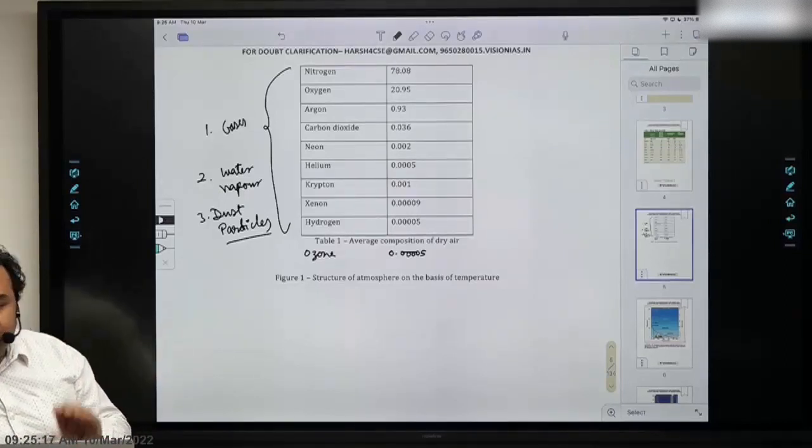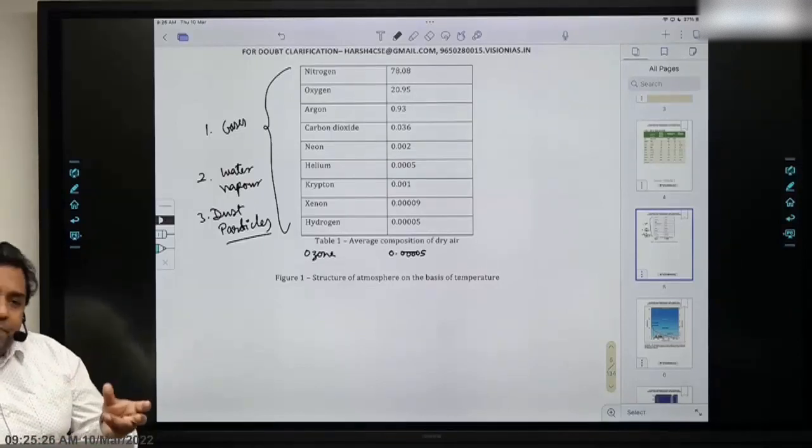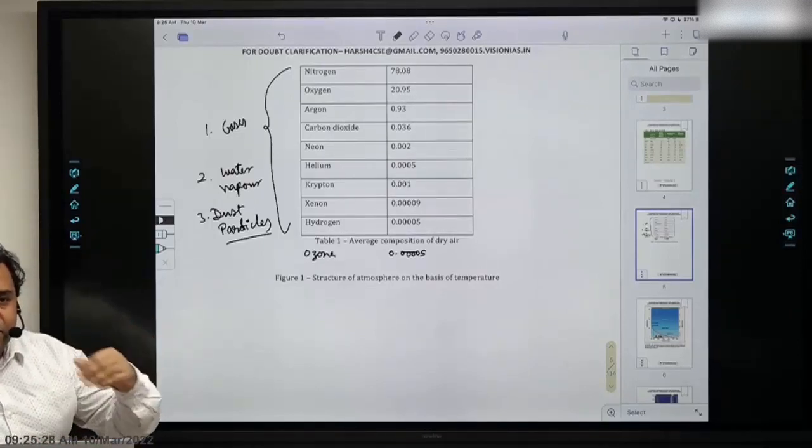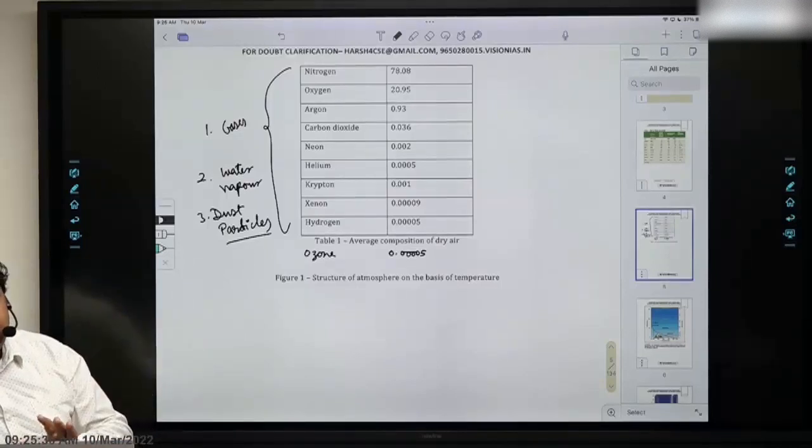ठीक है, so with altitude total moisture held decreases. Is that okay? Right, why does that happen? Because of temperature. Because temperature is decreasing, so total moisture also decreases. ठीक है, all right, you want to write this? लिख लो.